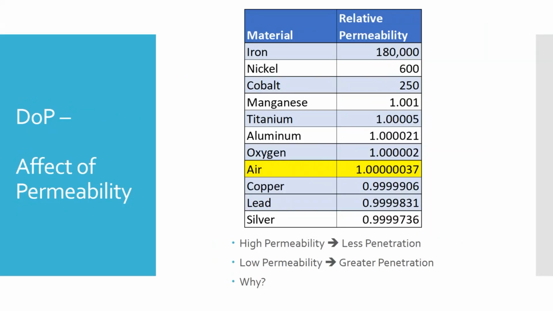So with iron, where is that magnetic field going to form really strong? It's going to form right at the surface. It's really easy to magnetize, so it's going to form a really strong magnetic field right at that surface. That's going to block our ability to see deeper into the iron. Where something like aluminum is not going to be nearly as strong as iron, so we can see further in there. Low permeability allows us to see further.